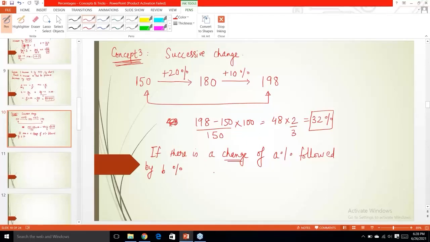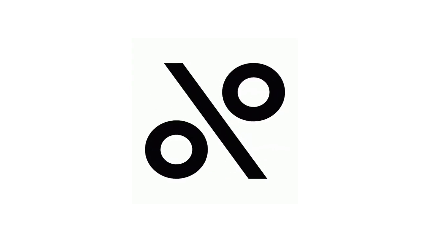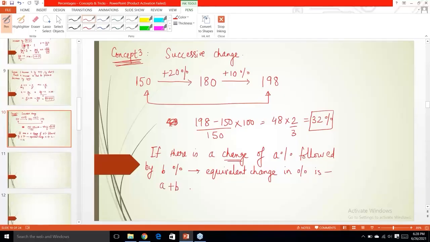Now, if there is a change of A followed by a change of B, and mind you, this formula is valid only for 2 successive changes, right? Right now we're discussing only 2 successive changes. Equivalent change in percent is A plus B plus AB by 100.